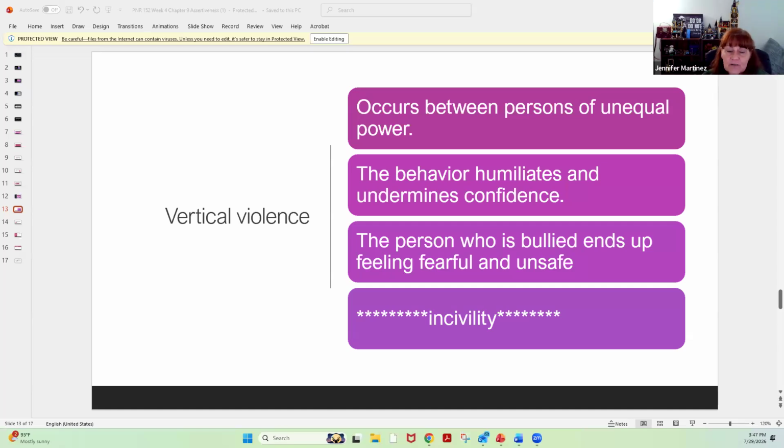Again, the term here is incivility, which is the common terminology used to describe hostility among nurses. And again, we can have the lateral violence, or we can have the vertical violence. And unfortunately, this is something that happens. I'm in school for my DNP, okay? And during one of my classes, we get to learn about what other DNP students are doing for their projects.